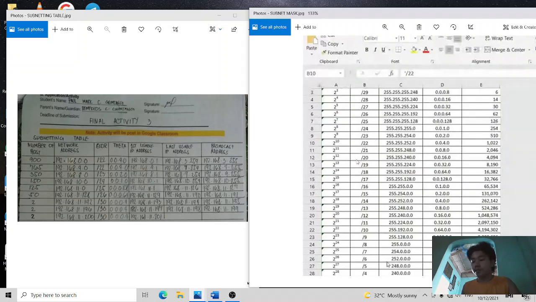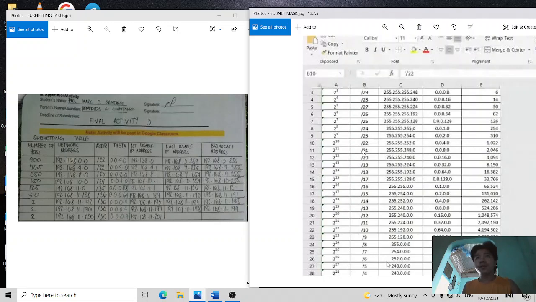And the theta is 0.0.4, that's for 705. The theta of 765 belongs to 1022.